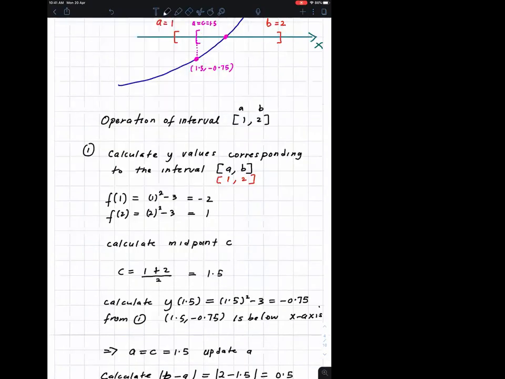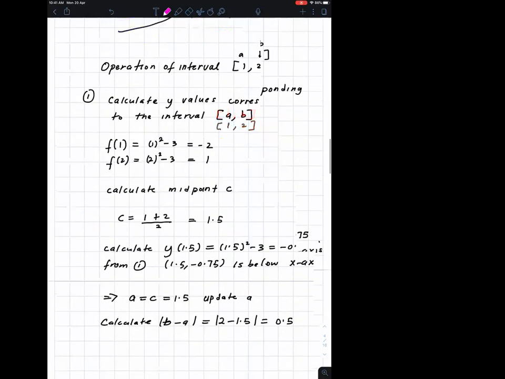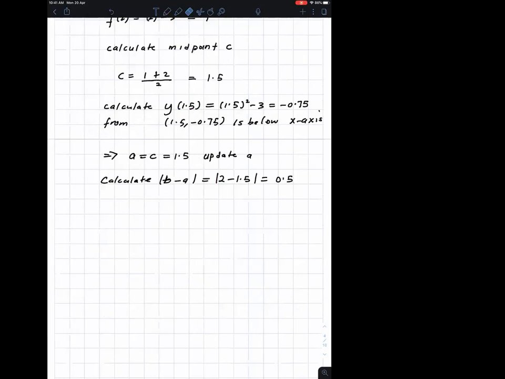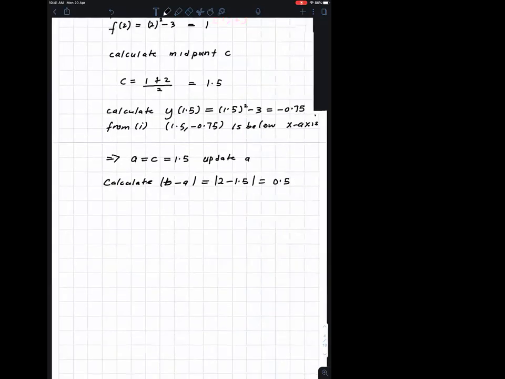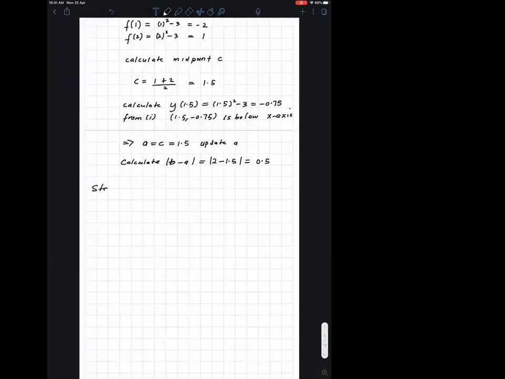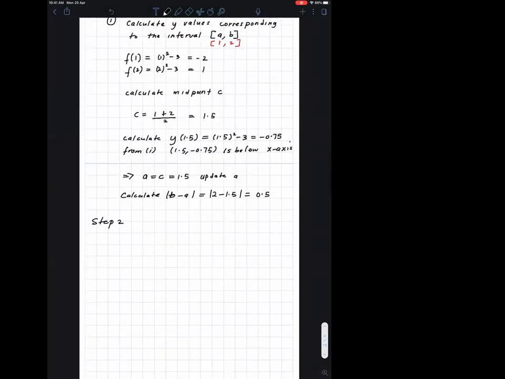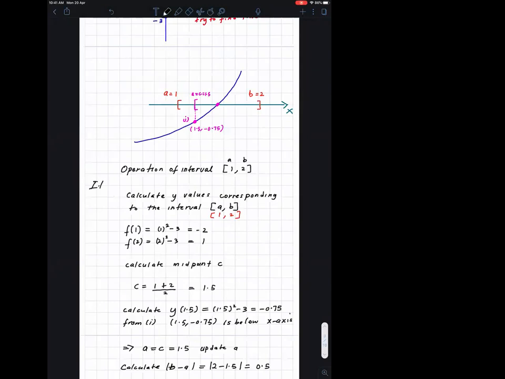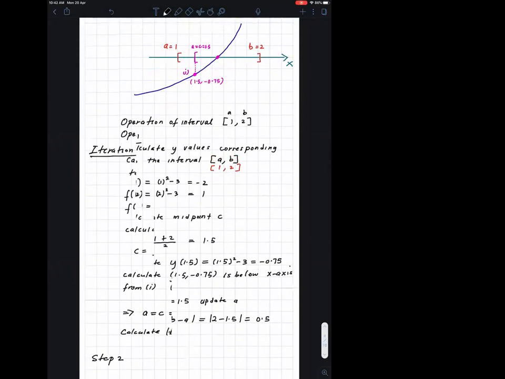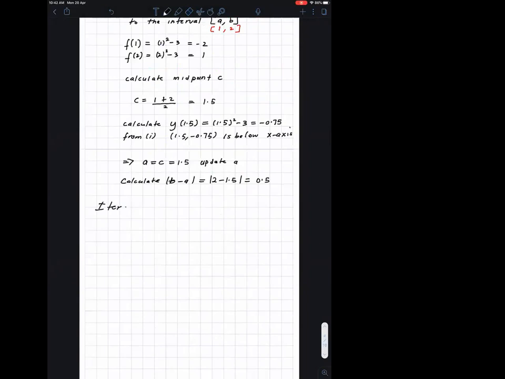Now step 2. Or just call this iteration 1, and call this iteration 2.